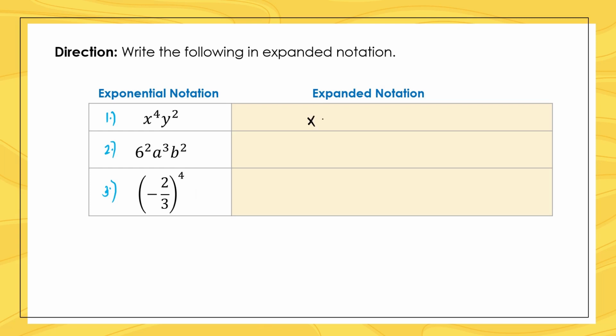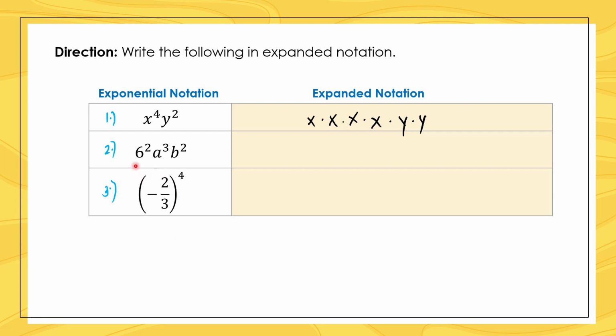Copy the base and then multiply it by the number of your exponent. x times x, that's the second one. Times x, that's the third one. Lastly, the 4th one. And so we got x times x times x times x times y times y for y squared. So here's the expanded notation for this exponential notation.